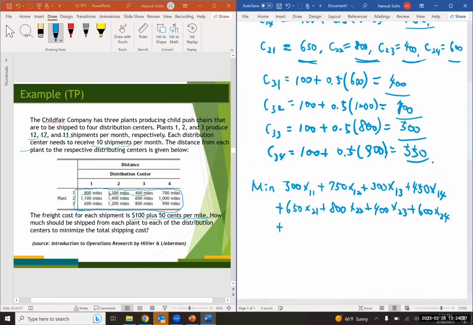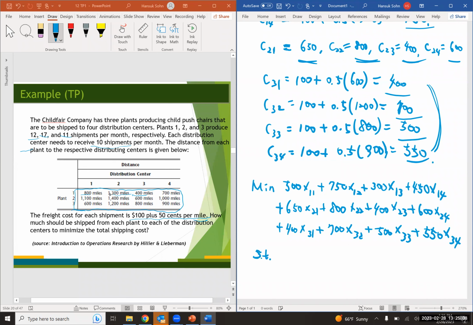And finally, the shipping cost from plant number 3, right? Goes here. So 400 x31, 700 x32, 500 x33, 550 x34, right? That's our objective function.